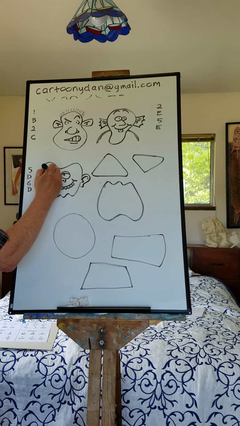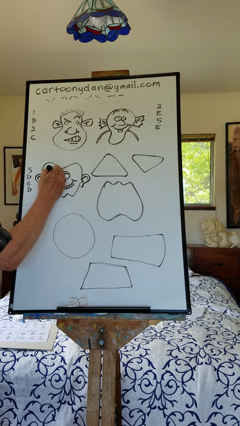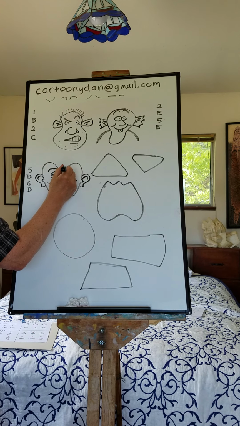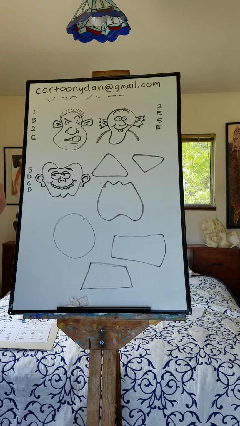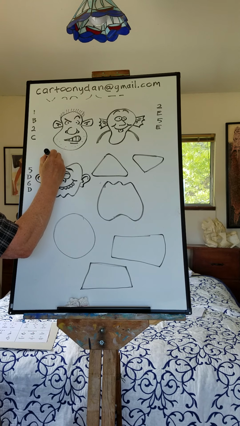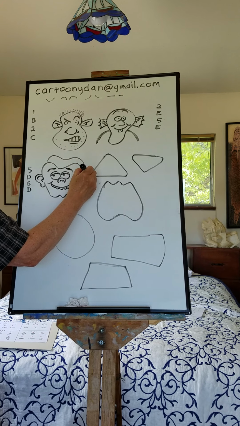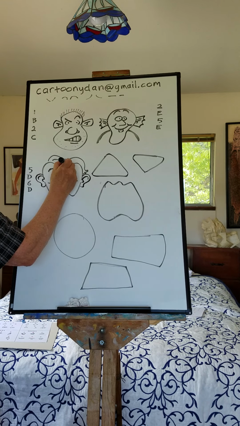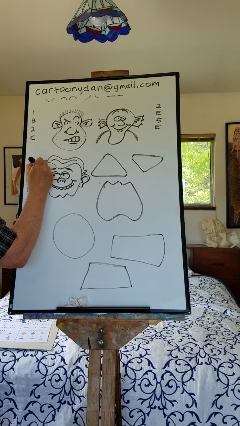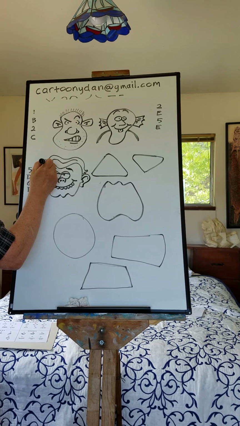And so we've got just kind of a curving up eyebrows that kind of go down. And then let's make this like some wavy hair. How about that? Kind of fills in that space so it's almost not an apple anymore.